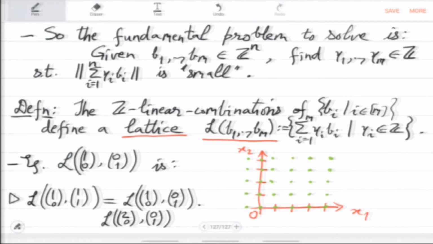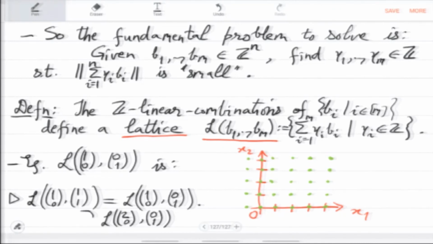No, it is not the same as before, because you have actually doubled one basis vector, and that makes this lattice coarser. In the set notation, this is a sublattice. So if you scale up a basis, then you will get a lattice which is coarser.